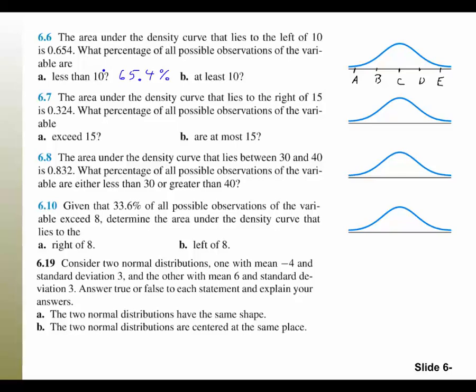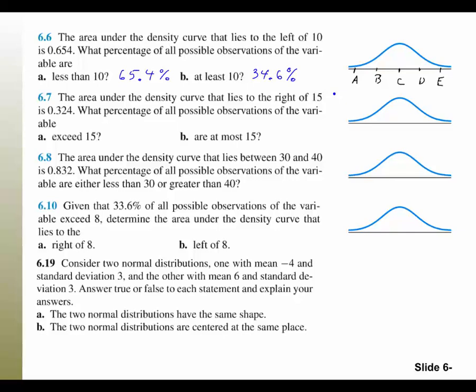So if 65.4% of the observations are less than 10, then the rest have to be at least 10, right? You take 1 minus 0.654 or 100 minus 65.4, and you got 34.6. Okay.